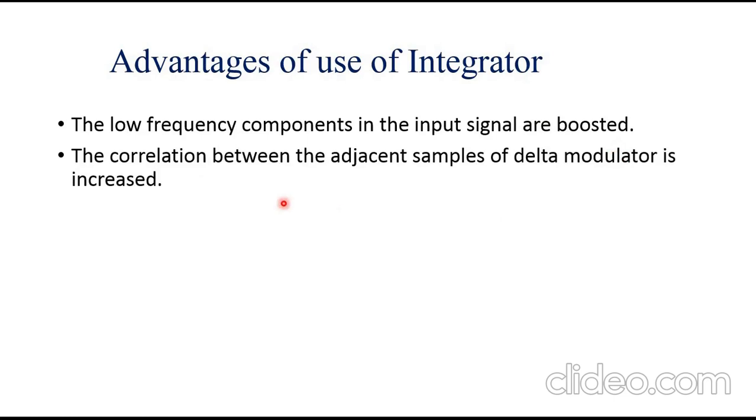Number two, the correlation between the adjacent samples of the delta modulator is increased. This improves the overall performance, due to the reduction in the variance of the error signal at the quantizer input. And number three, it simplifies the receiver design.